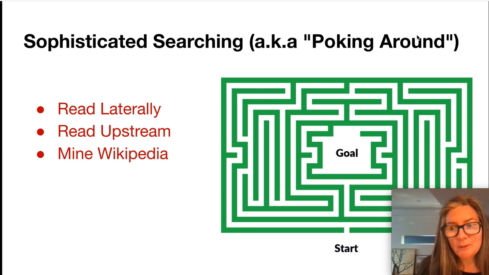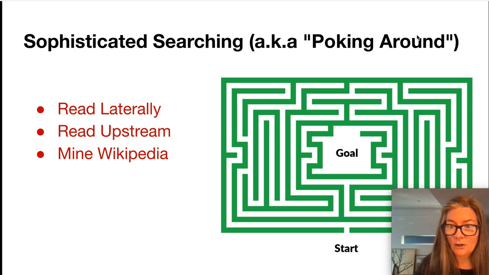So what you're doing right now is still poking around. You know what your research question might be, and now it's time to look around at a few different places and see what you can find out. And you might still be starting with some of the less scholarly information.